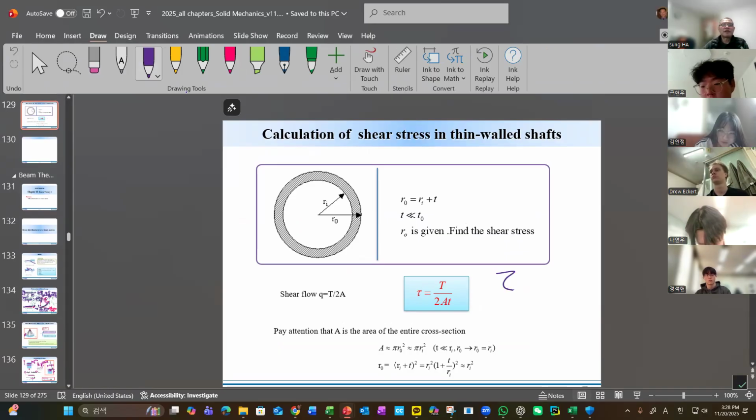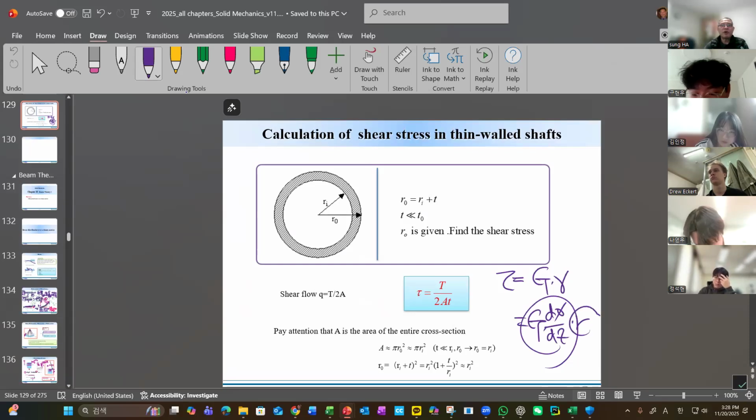All the shear stress will be proportional to G gamma, right? And then gamma is dphi/dz times R. So this is something constant. The point is that tau is proportional to R.